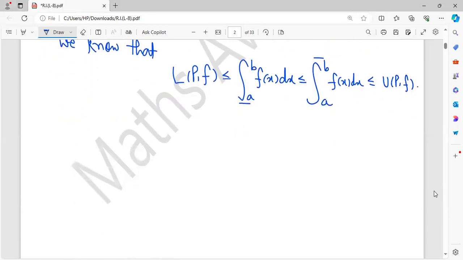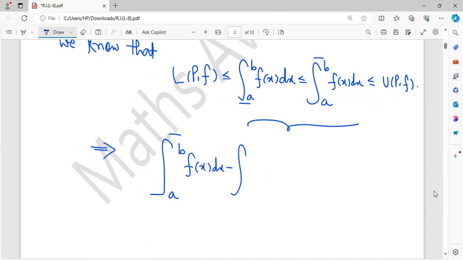So what does it mean? The distance between these two will be less than or equal to U(P,f) minus L(P,f). So this implies the upper integral of f from a to b minus the lower integral is less than or equal to U(P,f) minus L(P,f).